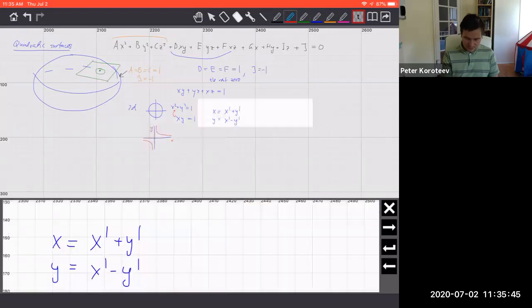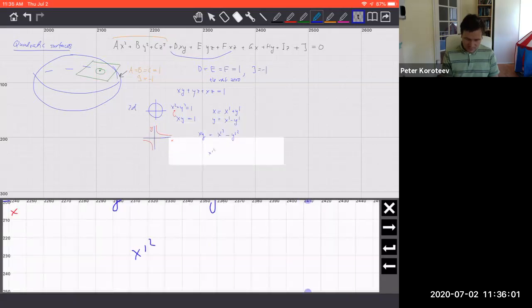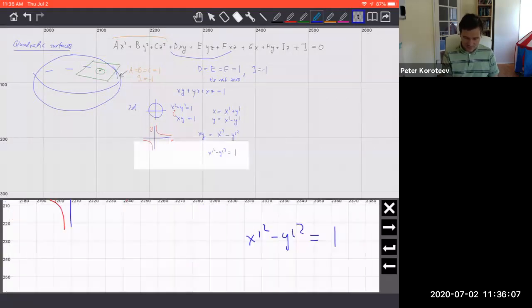Now, xy equals 1 in these x prime y prime coordinates will give you x prime squared minus y prime squared. So you have a new equation, x prime squared minus y prime squared equals 1, and if you had to draw it, it would look like this, right?